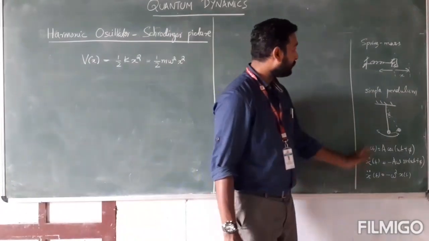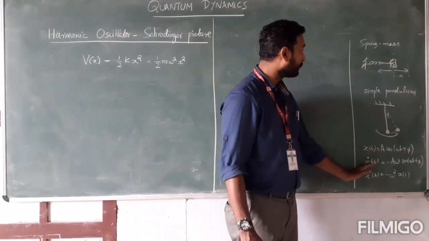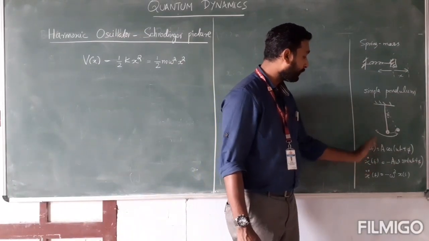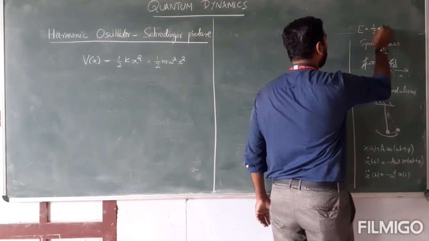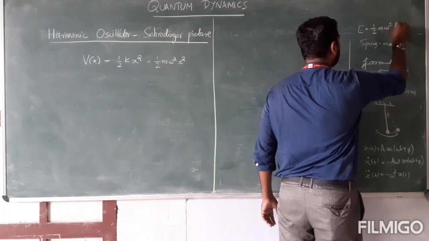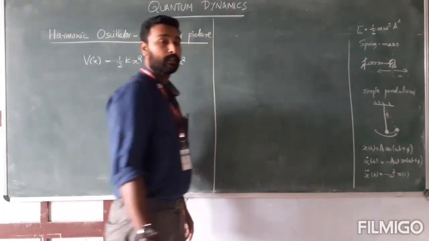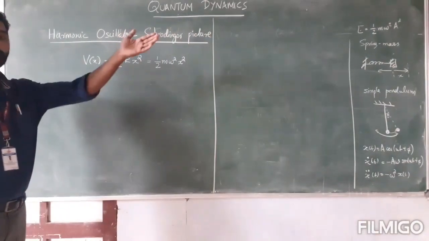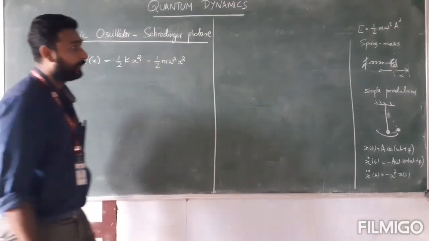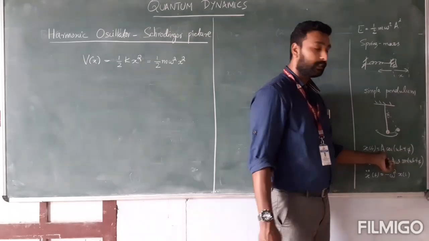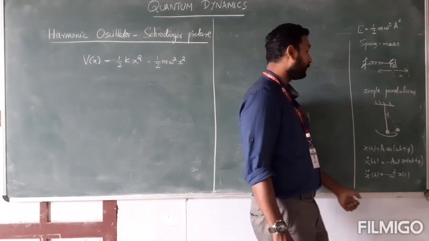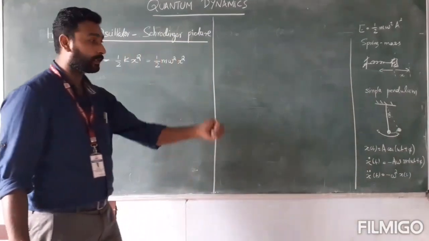So these are simple systems in classical physics, and we know the energy of the system. The total energy is always half m omega square a square, where a is called the amplitude, and this is constant. And a can take any value. The amplitude may change depending upon how far you are displacing the system.